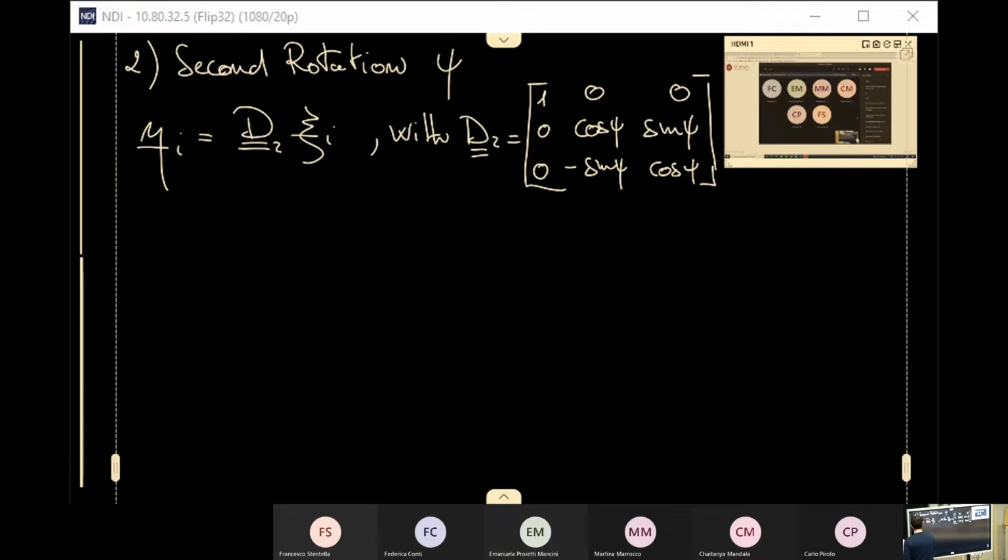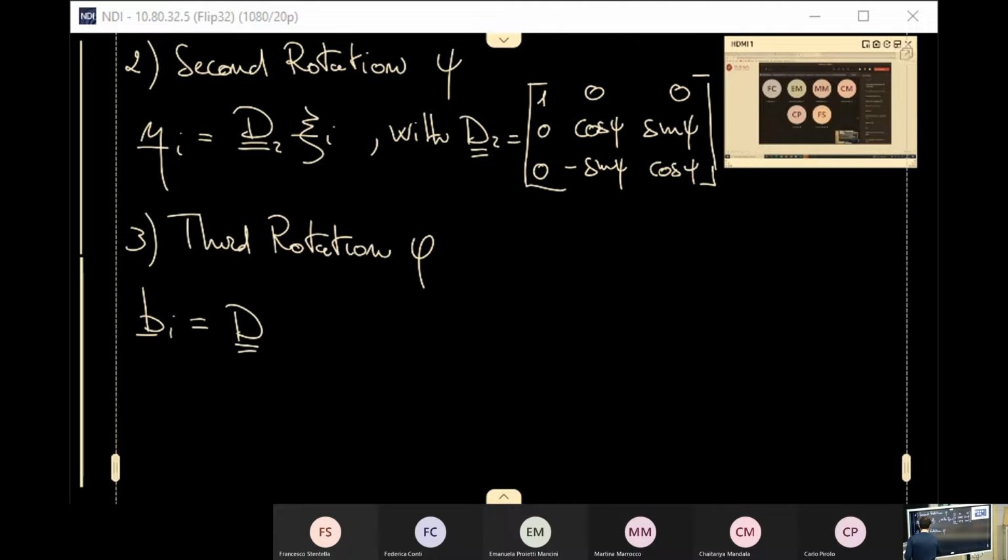So third rotation in a very similar way, of the angle theta. Well, this time you eventually have the axis that you wanted, bi, which is D3 applied over eta i.